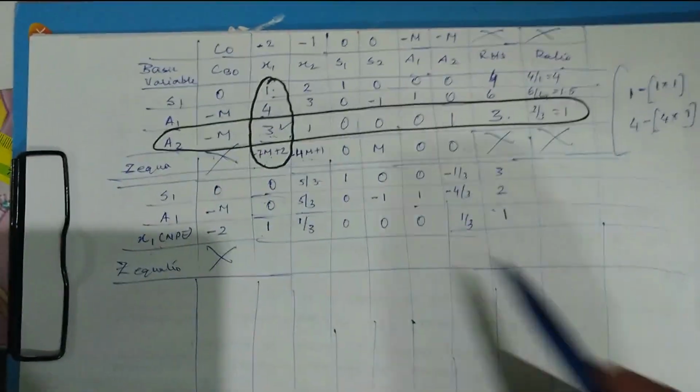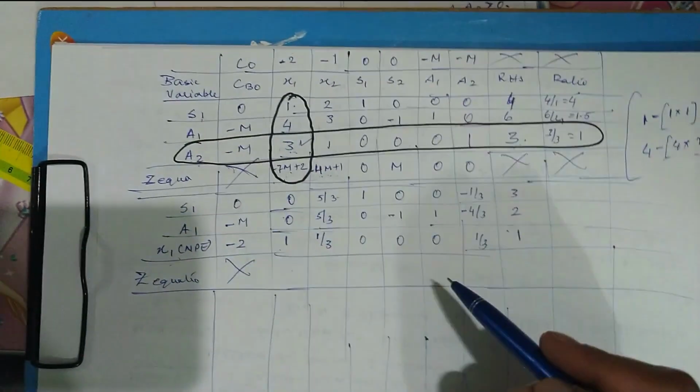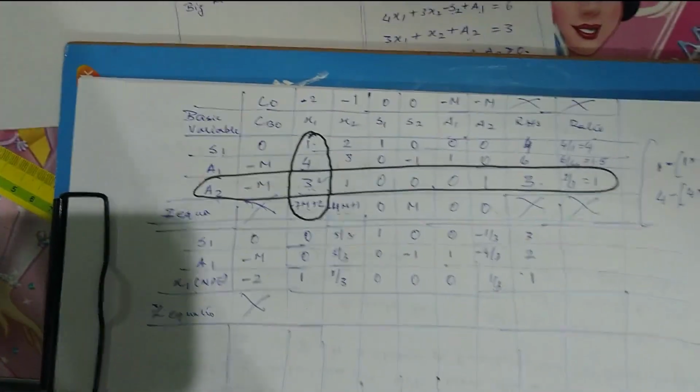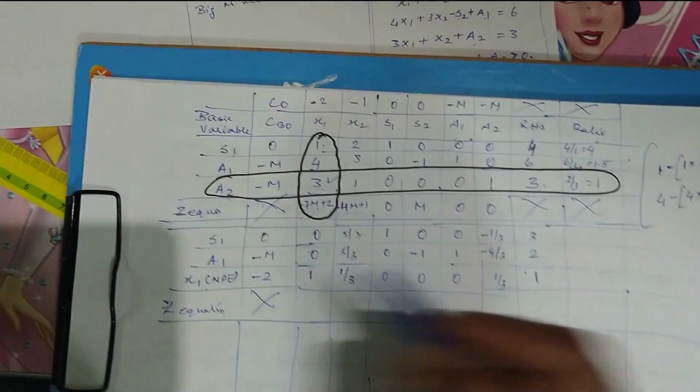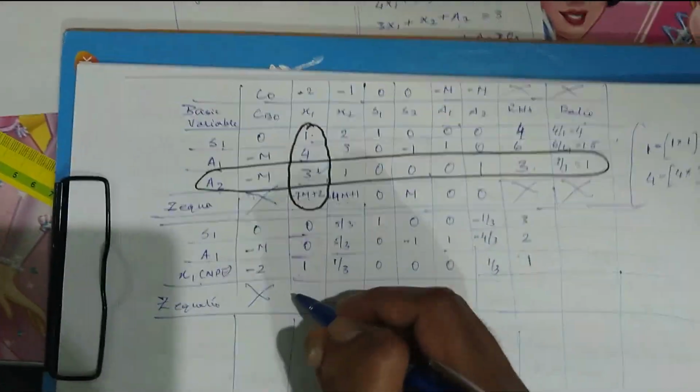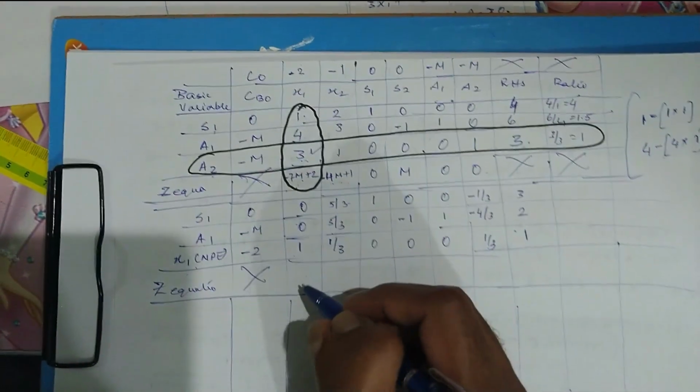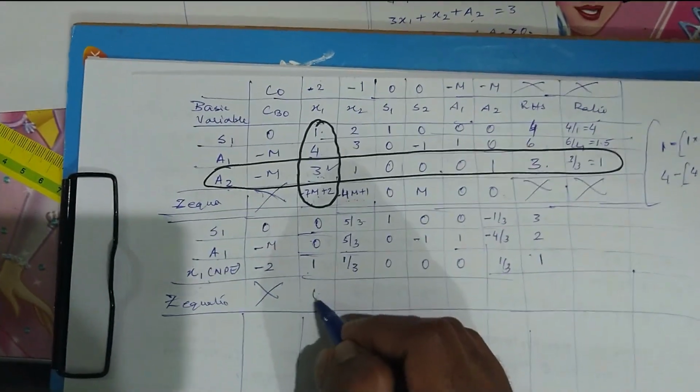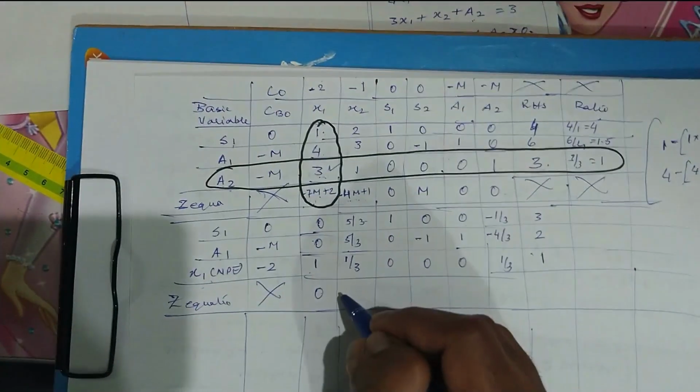So while filling up this cell, even without calculating this unit matrix, with certain amount of practice we can right away write the values of this particular matrix as a unit matrix. Now the z equation values need to be written, so I have already calculated. I am simply writing this.